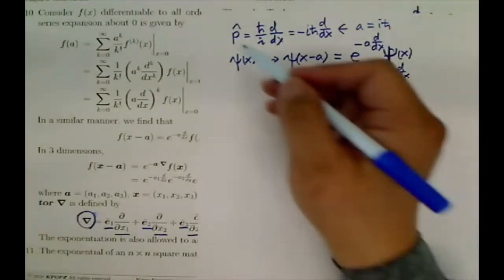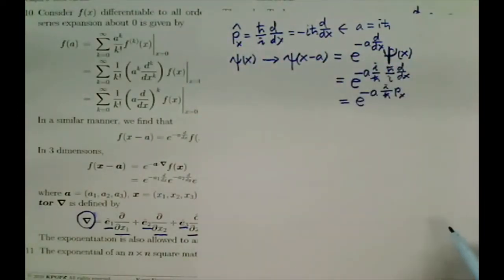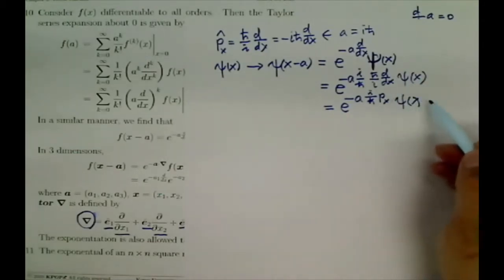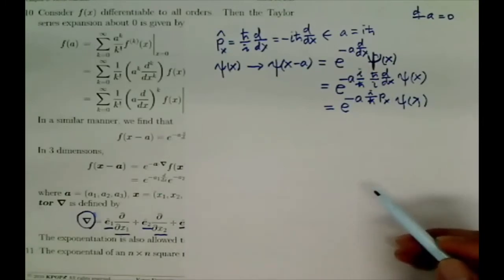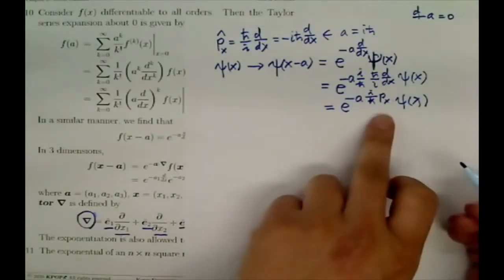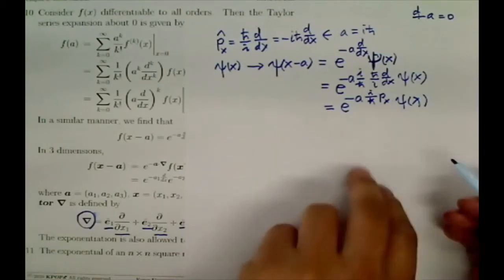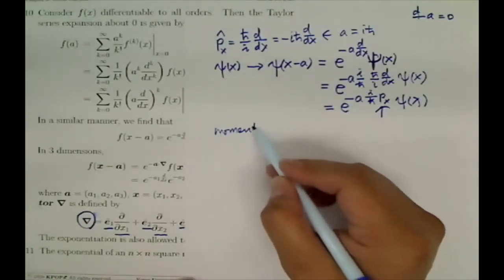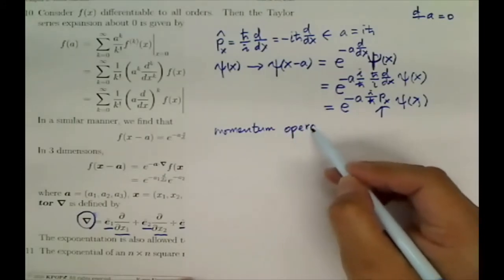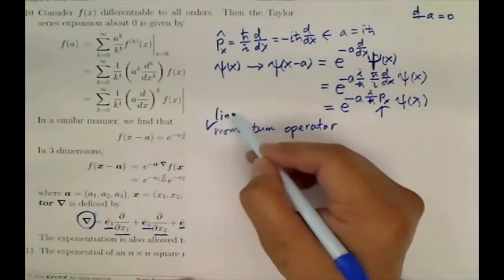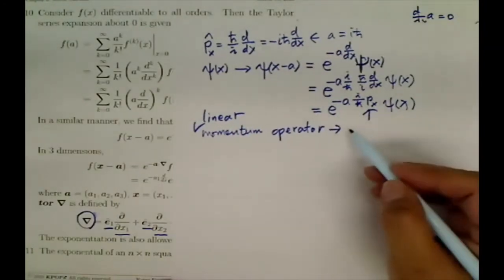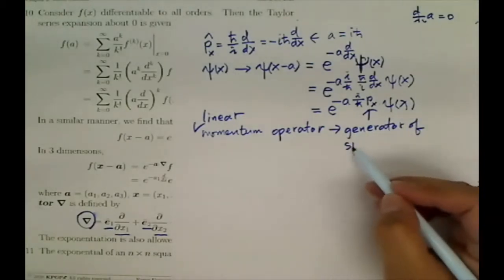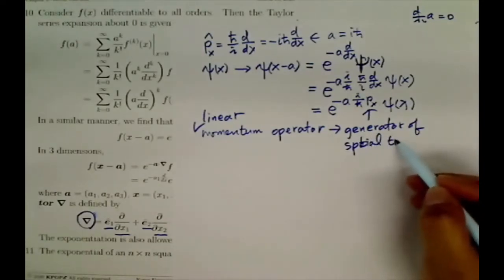Let me put subscript x to denote this direction of x. So psi of x, and p_x is exponentiated. So we say that this is the linear momentum operator. This is the generator of spatial translation.